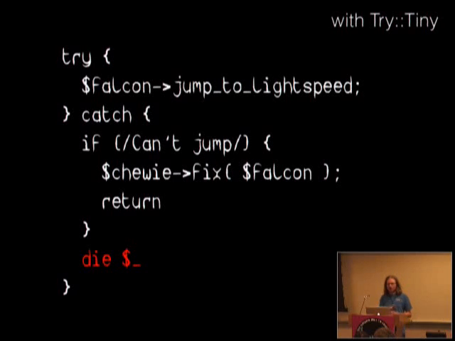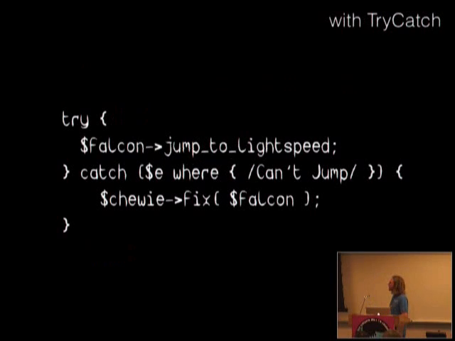Yes. And if I don't die at the end of this. No, I mean, in the case of Chewie fixing the Falcon. Oh. Do you need that return? Otherwise, I'm going to die, because I'm going to get to the end of the if. Oh, never mind. And I'll die. So the point is that the question was, can I not rearrange the structure somehow? And the answer is not really, because I need to die at the end of this if I haven't handled it.